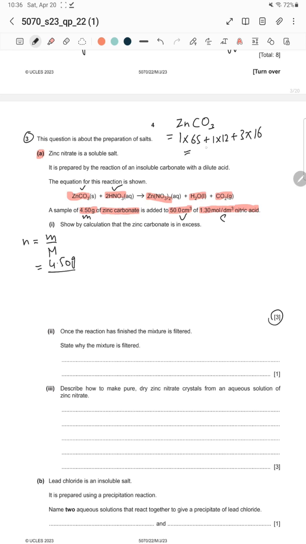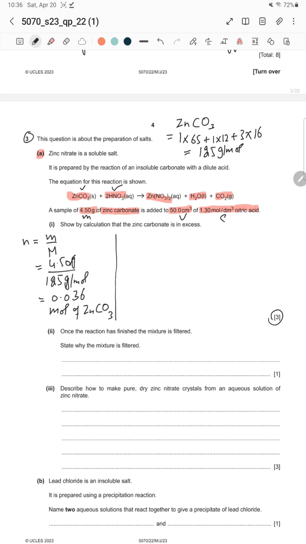Then the answer will be equal to 125 grams per mole. So put this value here, 125 grams per mole. Gram will be cancelled with grams, so you will have moles of zinc carbonate. Those are 0.036 mole of zinc carbonate. So these are the actual moles of zinc carbonate.